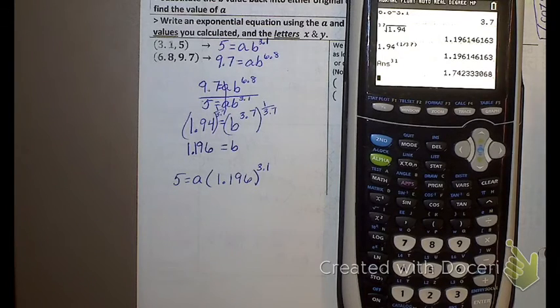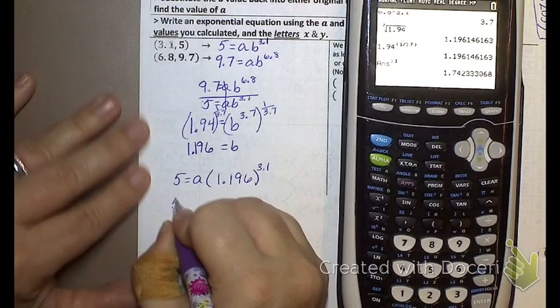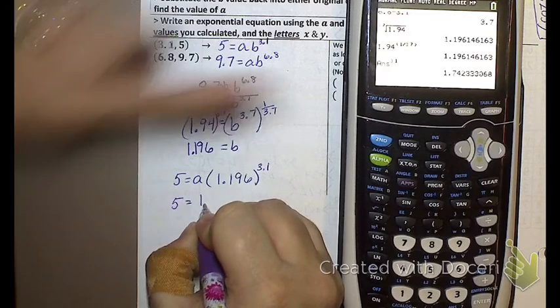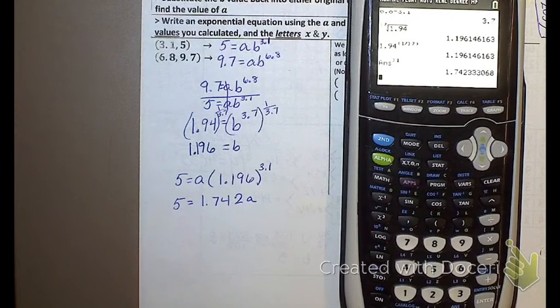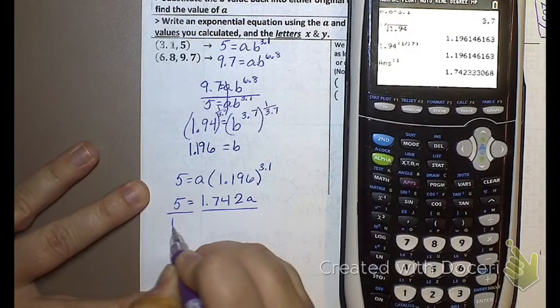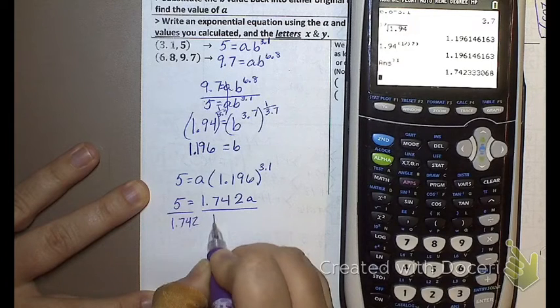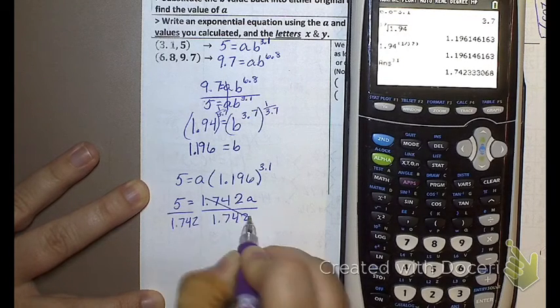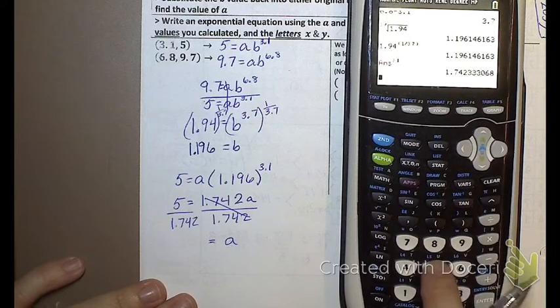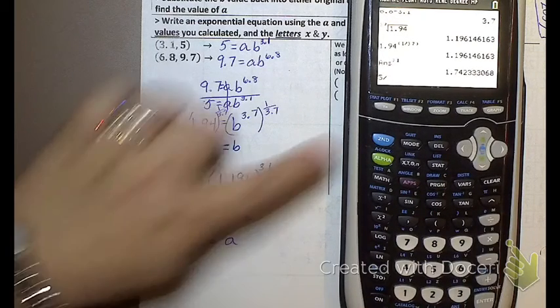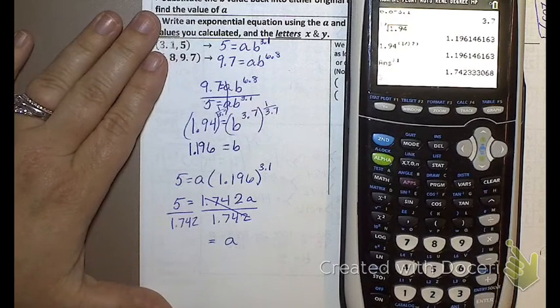Makes sense to me. So I have 5 equals 1.742A. And now what am I going to do? Divide both sides by 1.742. And on my calculator, if I don't want to use the rounded off version, I do 5 divided by the previous answer.